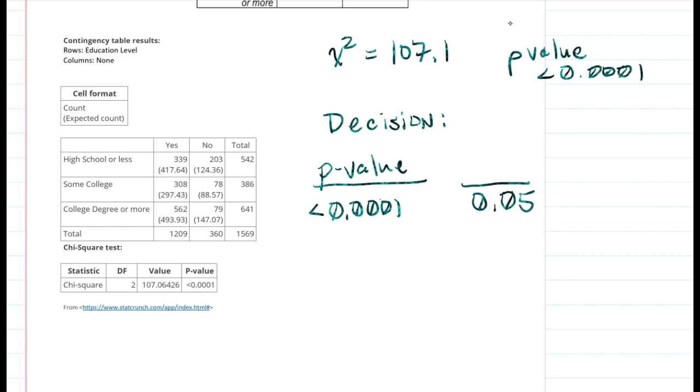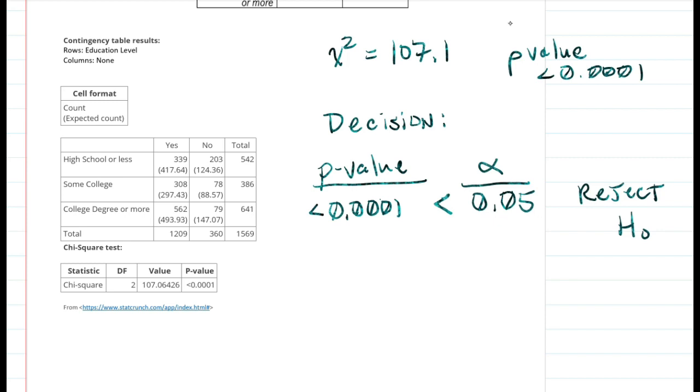Comparing those two, since our p-value is less than alpha, that tells us to reject H naught. We reject the null hypothesis.